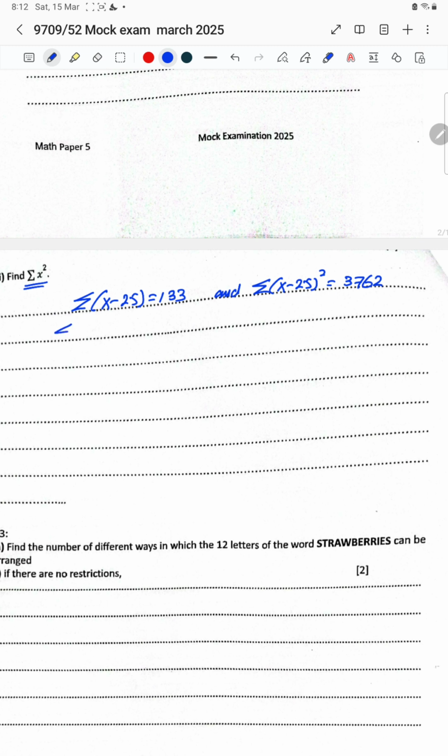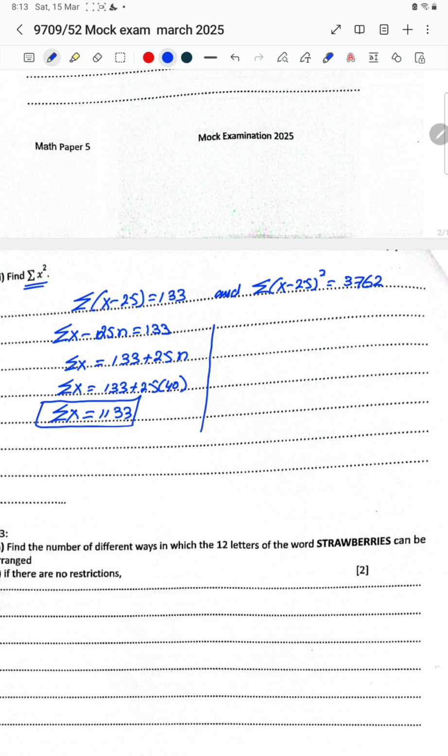Expand it with the sigma. We know this becomes sigma x minus 25 n equal to 133. So here we can find sigma x is equal to 133 plus 25 n, as n was 40. So replace it here. 25 times 40, we'll get sigma x equal to what? 1133.